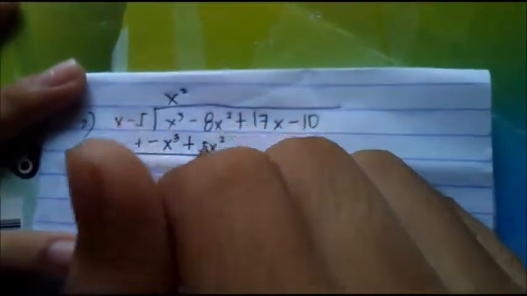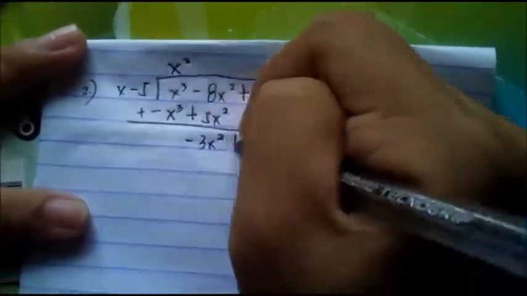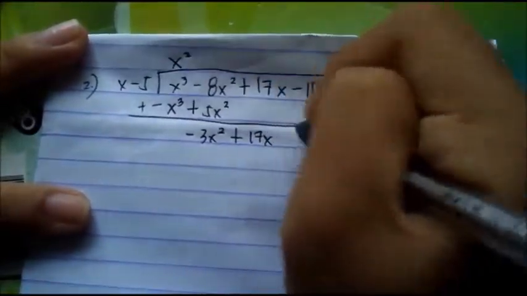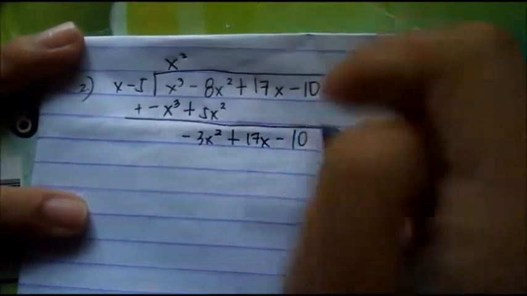X cubed plus negative x cubed equals 0. So, wala na. Negative 8x squared plus positive 5x squared equals negative 3x squared. Bring down the 17x, then minus 10.